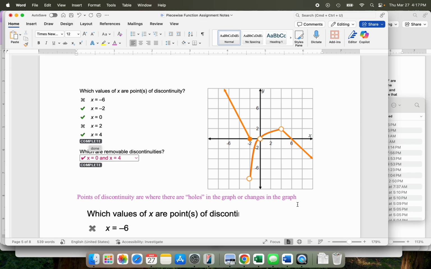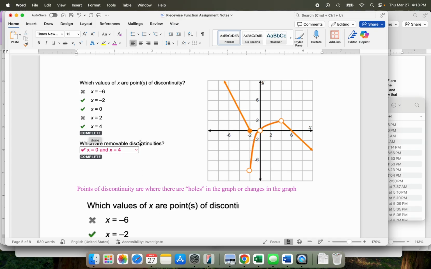All right, so which values of x are points of discontinuity? Discontinuity are talking about the open circles, and so all three of these points are points of discontinuity. Now, the removable discontinuities are those that we could take out or fill in, right?